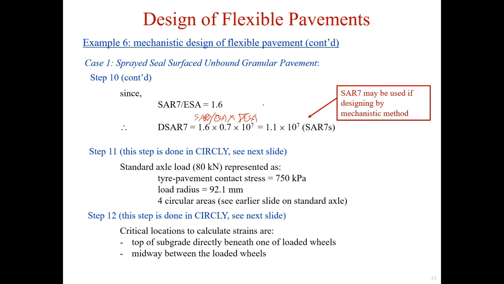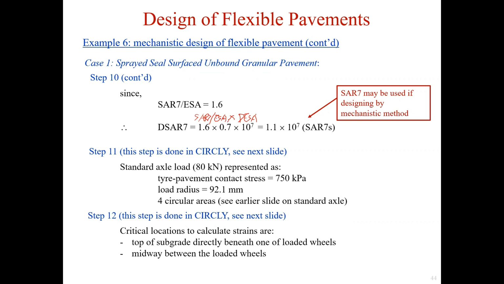And we are able to get the result of DSAR7. So that's 1.1 times 10 to the power of 7 SAR7s. The SAR7 is normally used if designing by the mechanistic method.